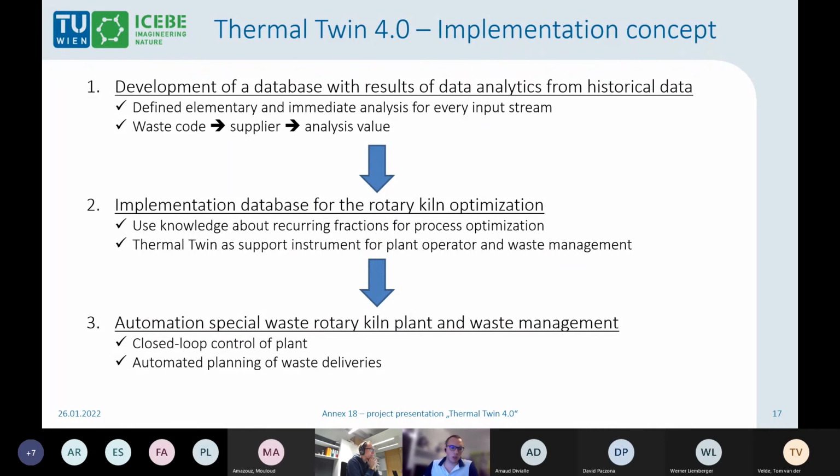So when we know we have many high-calorific wastes now, then we can mix them together with low-calorific ones to have a good value in the middle, for example. And maybe this would be a huge outlook, but it could also be possible to make automatic planning of the waste deliveries.